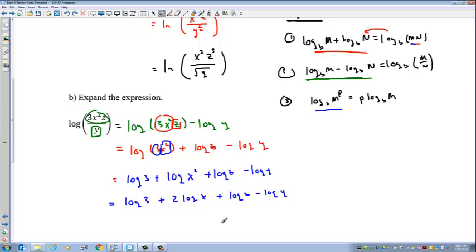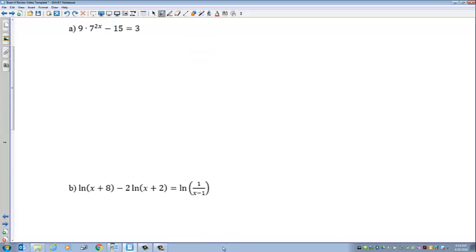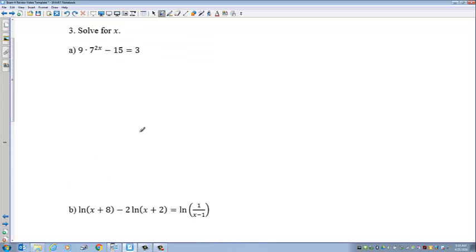Let's take a look at our next problem, in which we're solving exponential and logarithmic equations here. So let's solve this first one for x. So this is an exponential equation because you have x in the exponent. And in order to solve this, you know you're going to need to use ln's, but we'll wait until we have this term by itself.